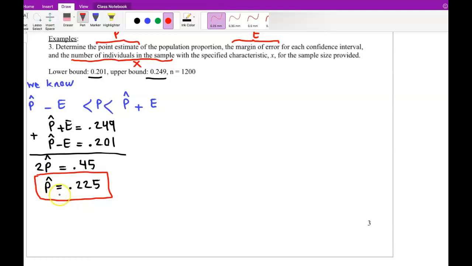So this is our point estimate. Then we need to find x. Okay, now finding x.